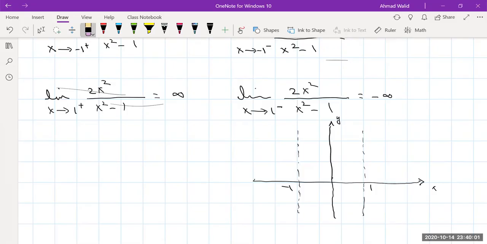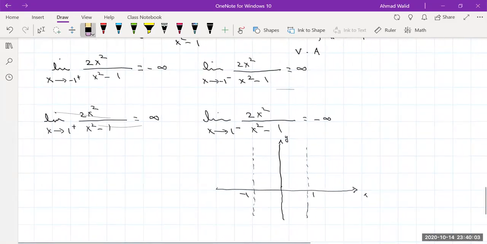Now look how these limits are helping me to know at least where the graph goes. When x is approaching -1 from the right, the function goes to -infinity. It means the function goes this way. The curve maybe is something like this.